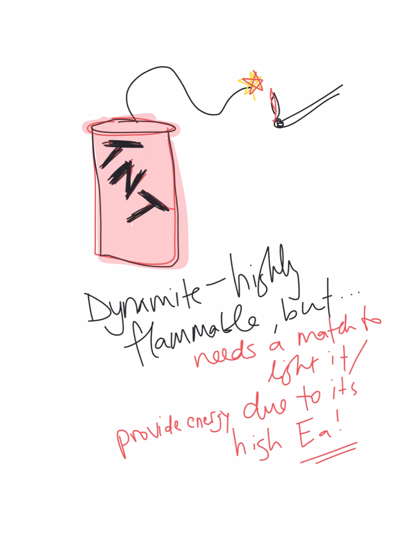For example, we know that dynamite or other fuels are highly flammable, but they also need a match or an initial spark, an initial input of heat, in order to provide enough energy to get them to overcome their activation energy barrier. So although a lot of fuels have a lot of energy that can be released in them and they're very exothermic reactions, they can have a very high activation energy, and that's why we need to light them on fire to get those reactions started.